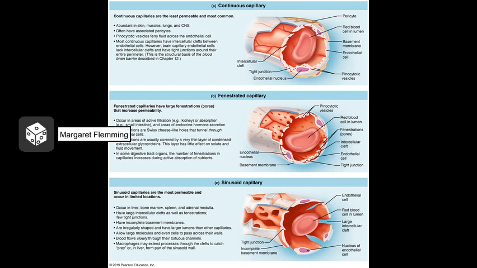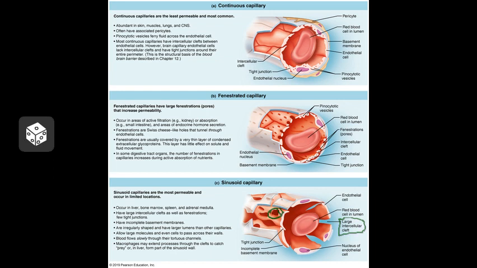The final type of capillary we'll look at is the sinusoid capillary. These are found in organs where a lot of things have to move in and out of the bloodstream across the capillary wall. These are the leakiest. Not only do they have really large intercellular clefts, they also have enormous fenestrations.